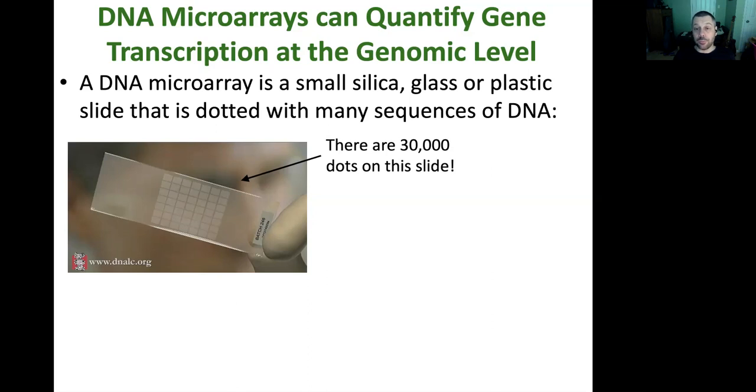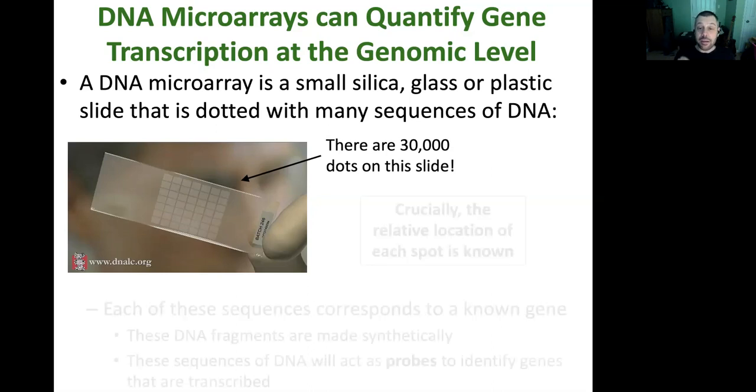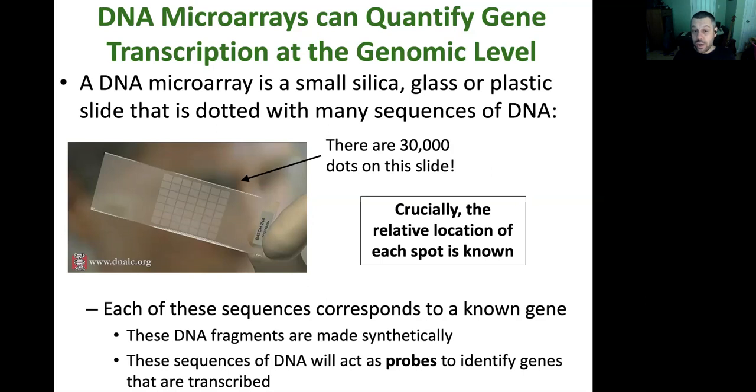So the way to think about DNA microarrays is a piece of glass with tiny dots of DNA all over it that are microscopic. And very importantly, which DNA sequence is present in each one of those spots is known. So you can represent basically every gene in the genome as a single dot of DNA.